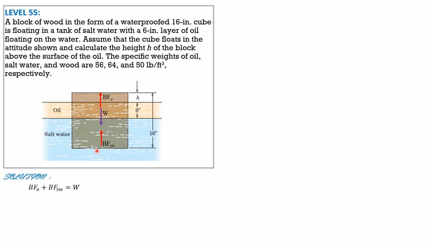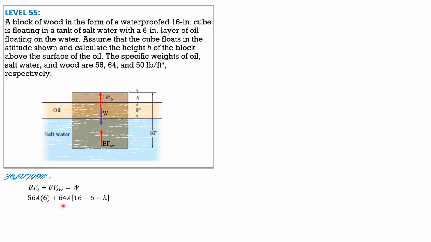The buoyant force due to seawater is area times the submerged depth in salt water, which is 16 minus 6 minus h. So this is 16 minus h minus 6. And the weight is equal to 50 pounds per cubic foot for the wood. Then the volume of the wood is area times 16 inches. So the buoyant force of oil is 56 times area times 6.